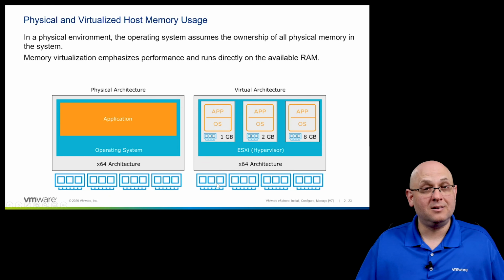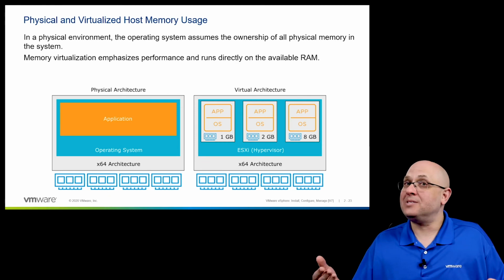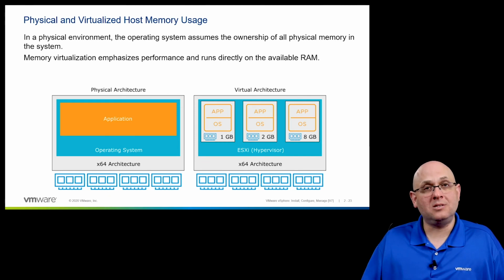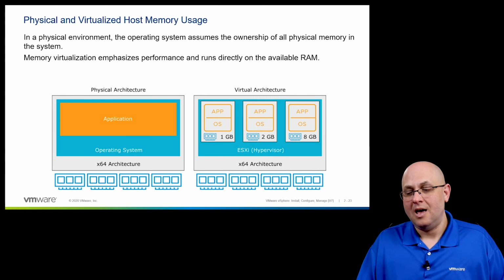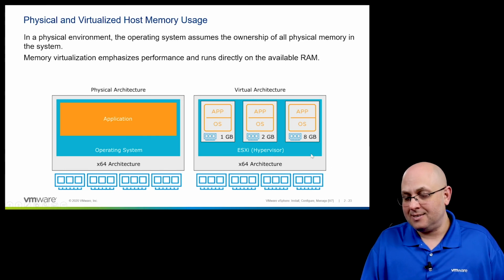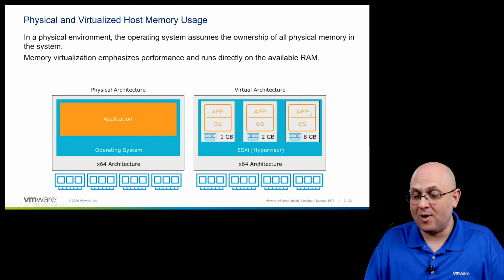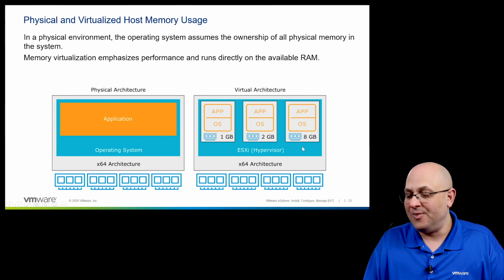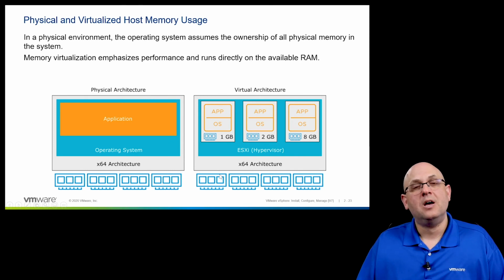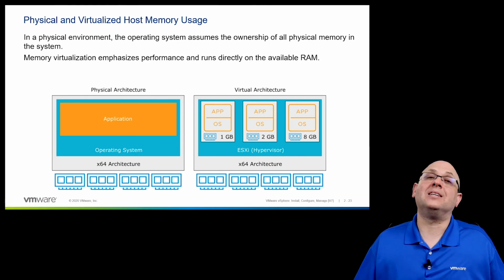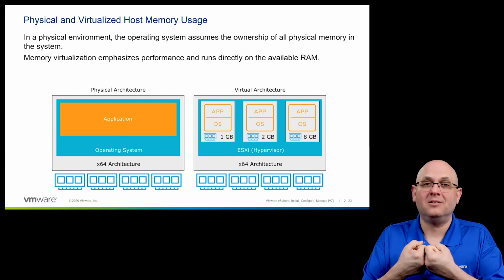But what happens if we start launching applications in these virtual machines, and all of a sudden this guest OS needs to allocate a full 8 gigs of RAM to this application, and there isn't a full 8 gigs available down here? Well, that's when we start hitting contention for memory.